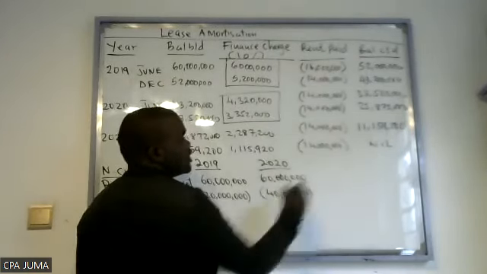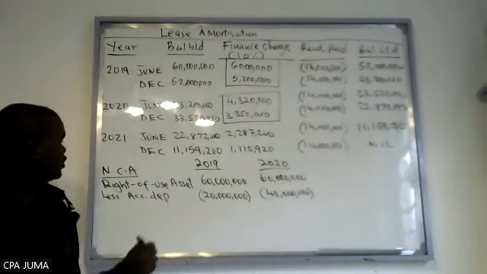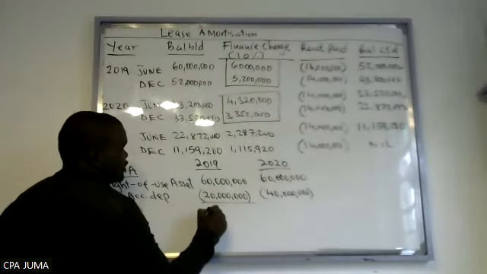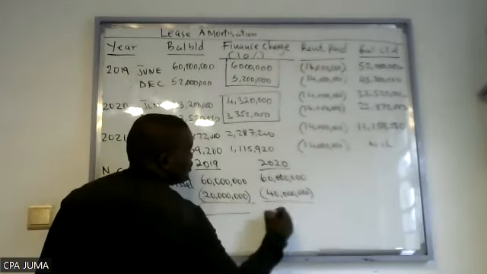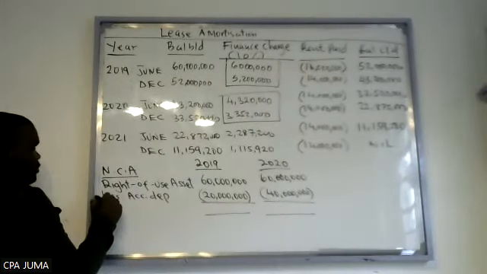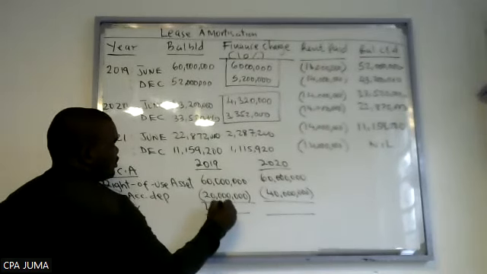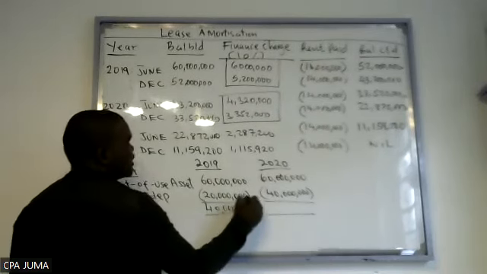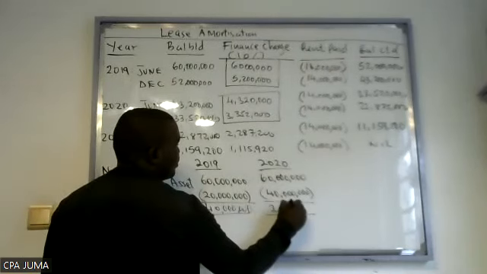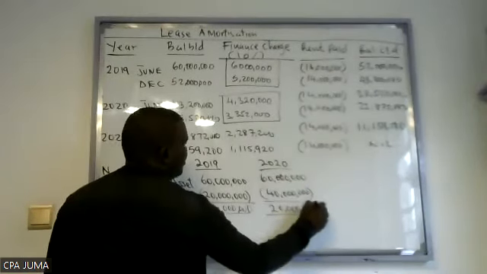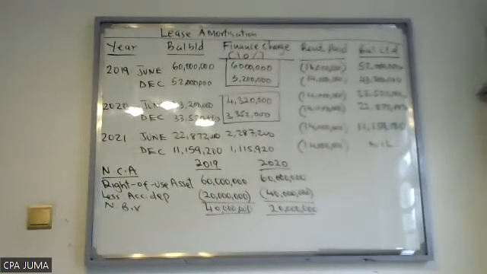Then the last year will be 60. So for the net book value, there. So NBV will be 40, will be 20. Have that. Then we bring the liabilities.